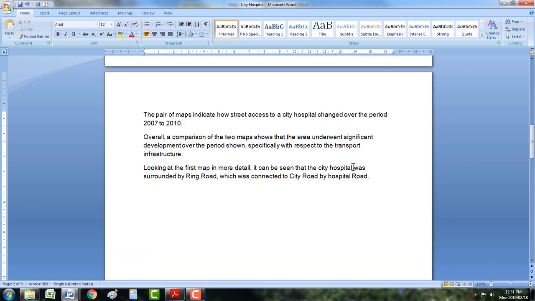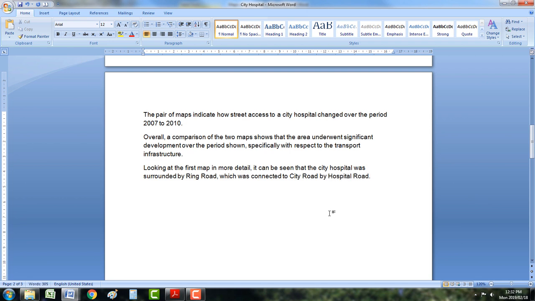So okay, we've got passive over there, passive over there. And then notice the structure, very common structure, passive with the word by. The cow was eaten by the lion. Was connected to the city road by hospital road.